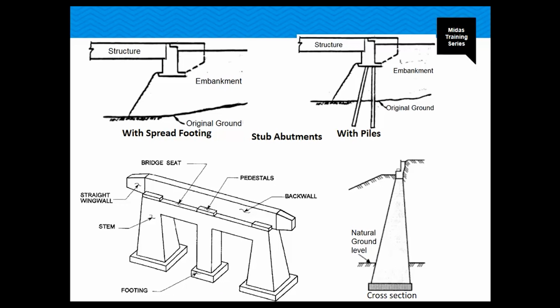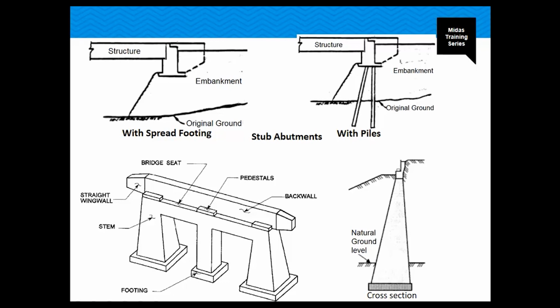As you can see here, we have the stub abutments, which are relatively short, and they are constructed after the embankment has been completed. The post-construction settlements are minimized. These abutments may rest on a shallow foundation or on piles, as you can see here.